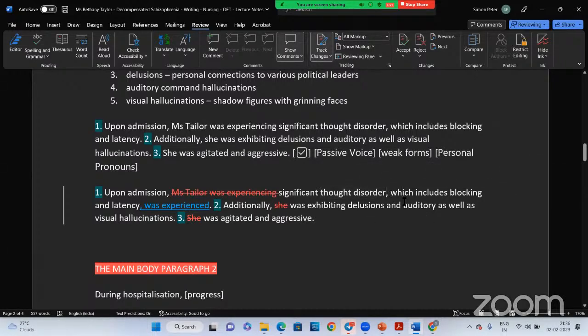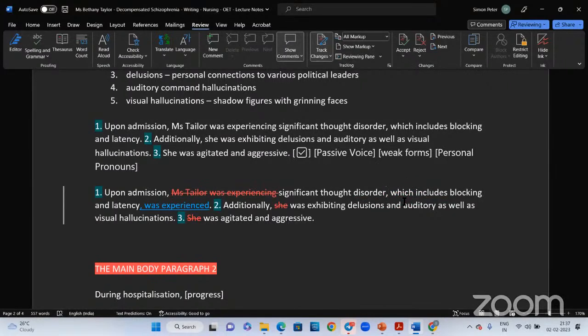You could say "in relation to, for example," but we don't need that, so let it be as it is. We know how to write quality. So significant thought disorder was experienced.